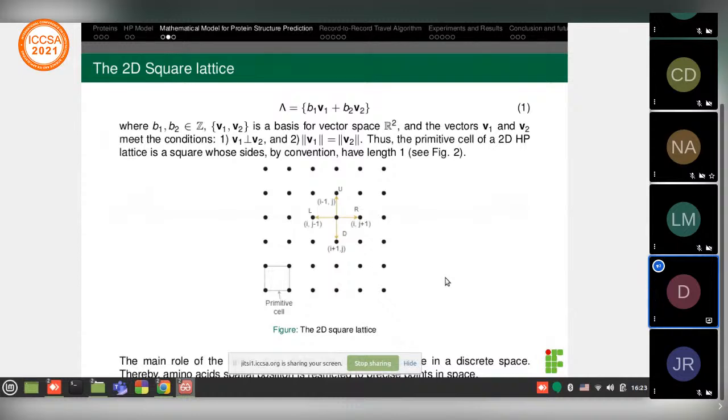Thereby, the lattice is a square whose sides have length 1, and the amino acid spatial position is restricted to precise points in space, because the main role of the lattice is to divide the continuous Euclidean space into a discrete space.